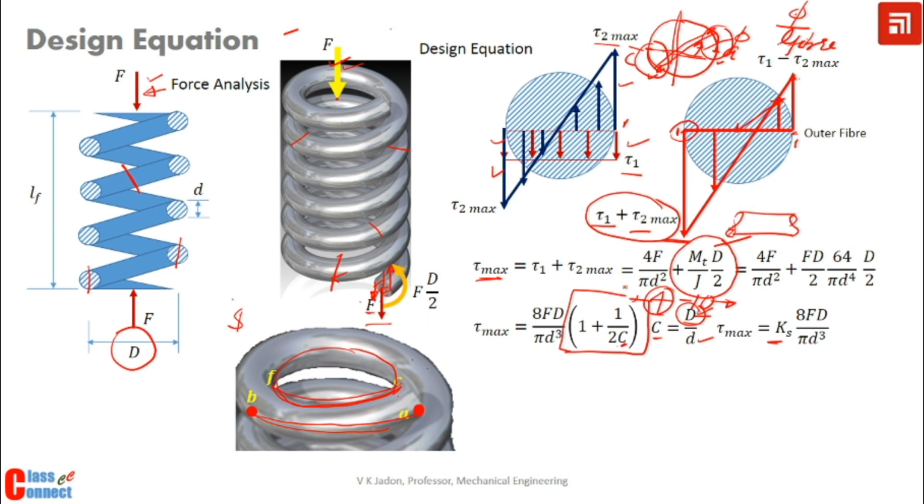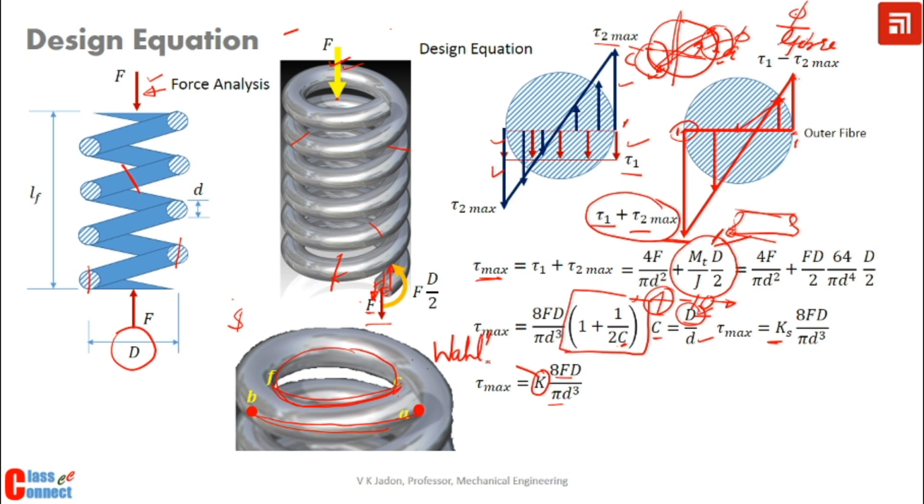So for shear stress, when we use this formula, we assume that the inner fiber and outer fiber are both of equal length, and because of this curvature, the stress will further increase. The stress is given by K times 8FD by pi d cubed, where K is known as Wahl's correction factor.